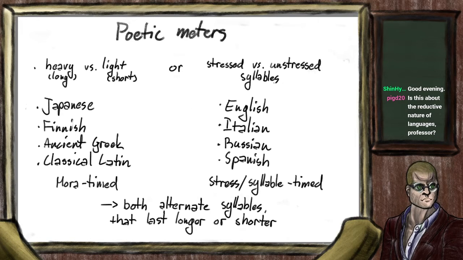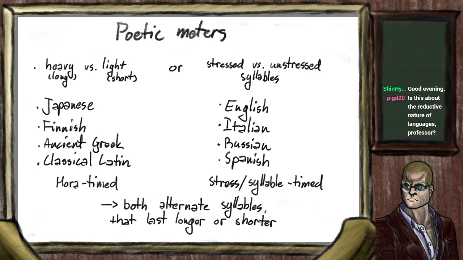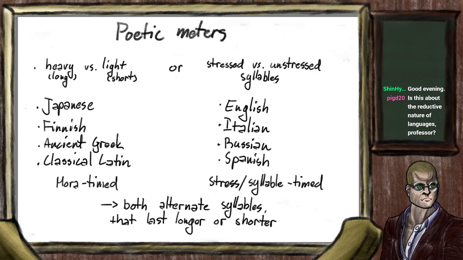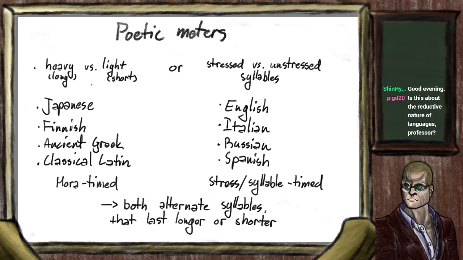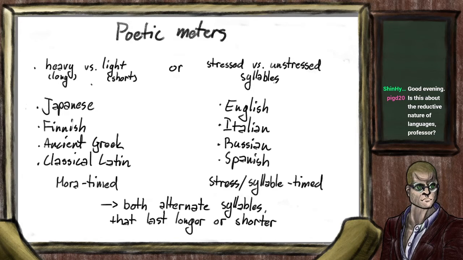And then, on a bit of a tangent, once we get into the lengths of syllables in variously timed languages, you know what is a practical use for these syllable times? Poetry. There are a couple of ways to classify poetic meters. In some languages or in some meters, you alternate between heavy and light syllables, which means long and short syllables.